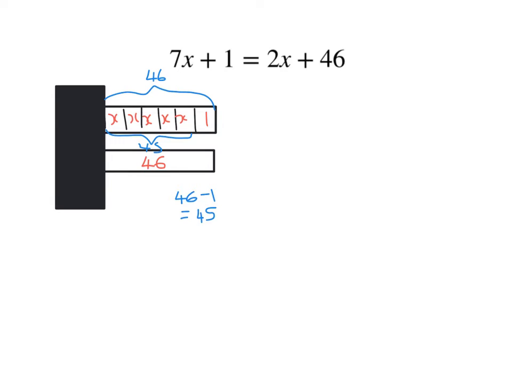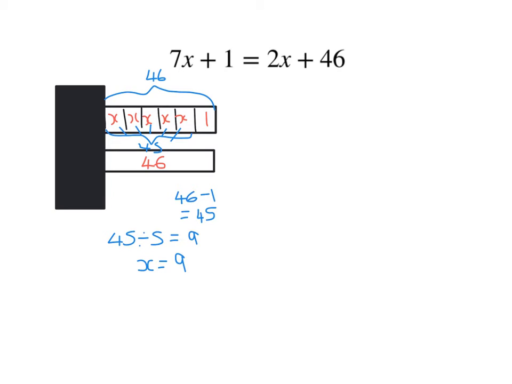And to figure out what x is, I need to divide by 1, 2, 3, 4, 5. So 45 divided by 5 is 9. So I've got x is equal to 9.